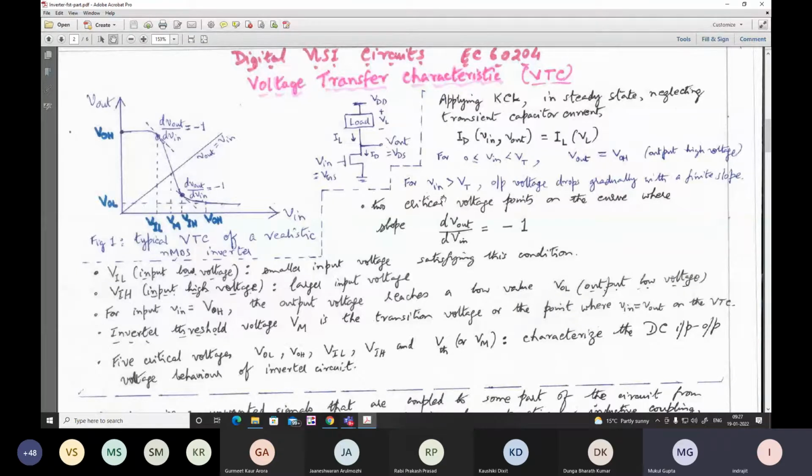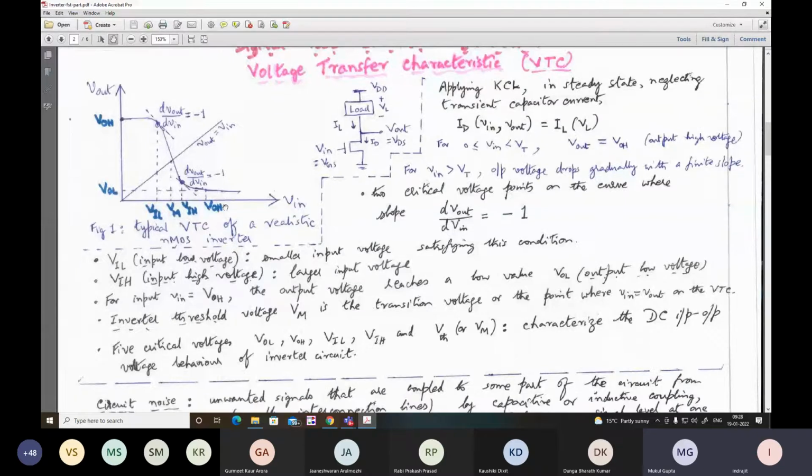For Vin greater than VT, the output voltage drops gradually with a finite slope, and after that the slope will increase. So there are two critical input voltage points: VIL and VIH. Apart from that, we have VOH and VOL, the important output voltages, and VM, the fifth important salient voltage, at which the input voltage equals the output voltage. That happens at the intersection of the unity slope straight line and the voltage transfer characteristic. So 5 critical voltages are there.